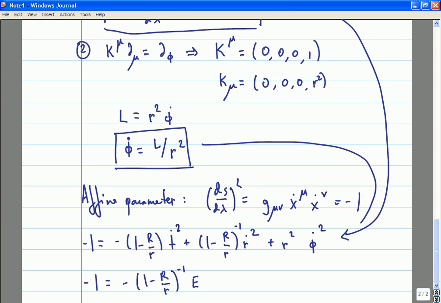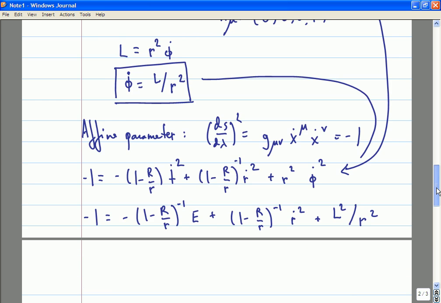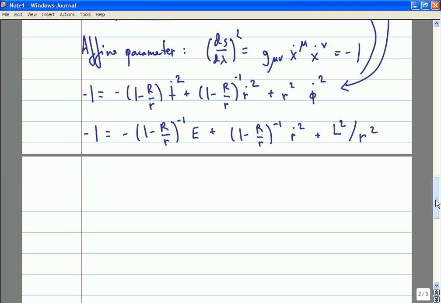Sorry about that. That's because it's dt squared. We get (1 minus R over r) inverse times E squared, plus (1 minus R over r) inverse times r dot squared, plus L squared over r squared. And this is a first-order differential equation for r as a function of lambda. E squared, thank you.